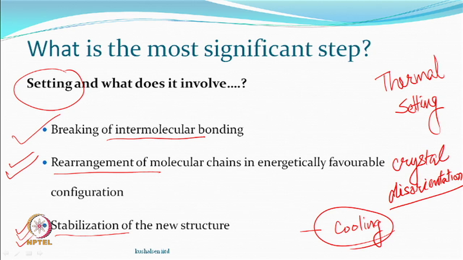Then you allow enough time for recrystallization or crystallization or disorientation to happen. It is not a zero time process, some time is required, that is an optimization. So, some energy for temperature, how much temperature should be given, some time should be given so that these things happen, and then you say before untwisting.